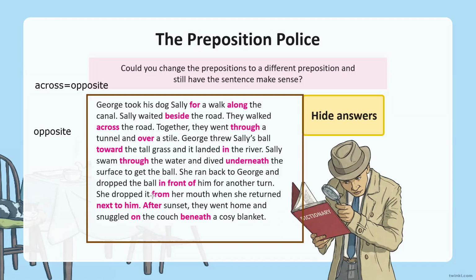Silas kicked the ball toward the tall grass and it landed in the river. Very good. Okay, so what else, Dolin?